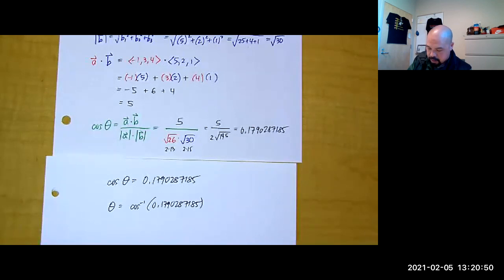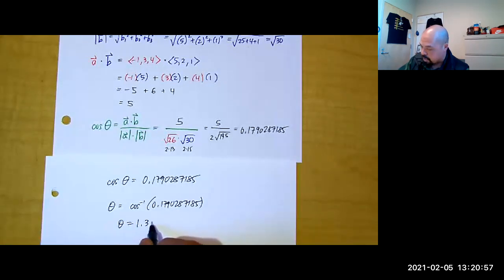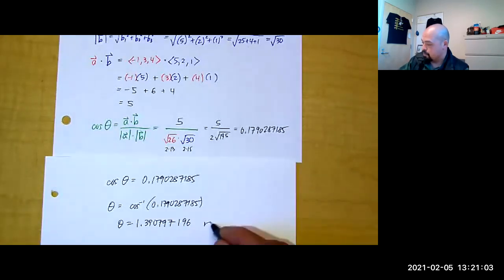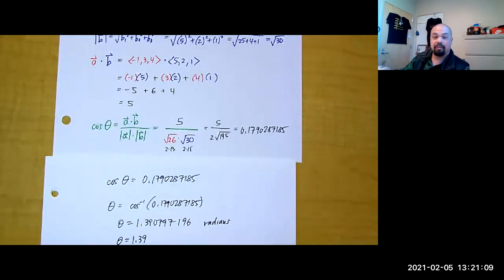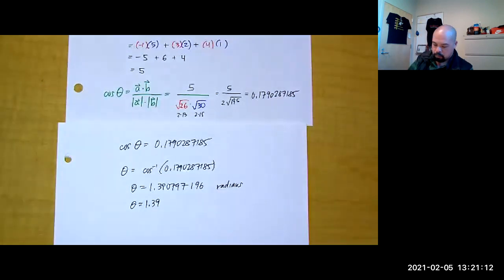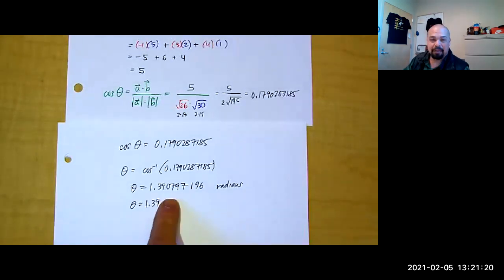Inverse cosine, that last answer, I'm getting here in radians 1.390797196. Okay, so approximately 1.39 radians. And that's just a little bit smaller than pi over 2.